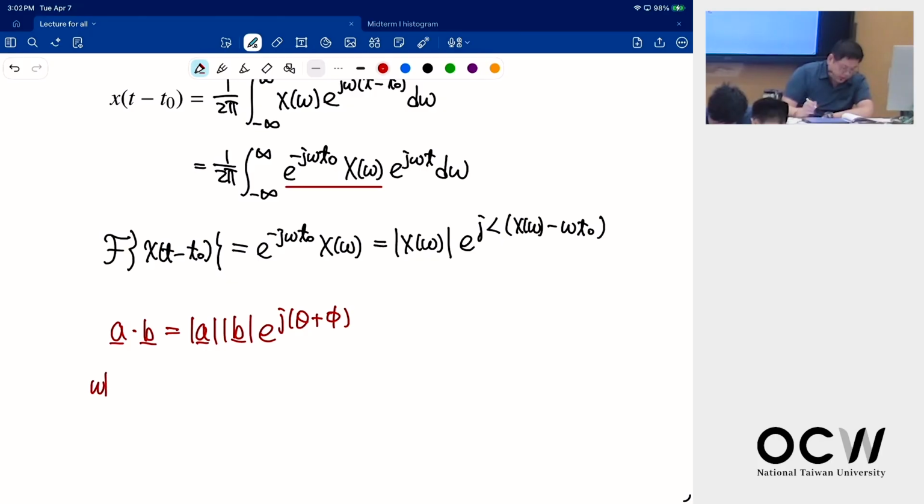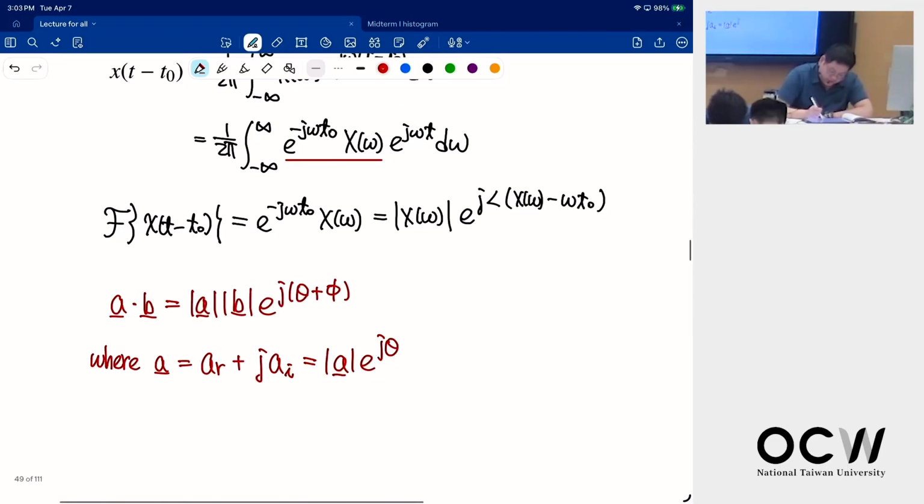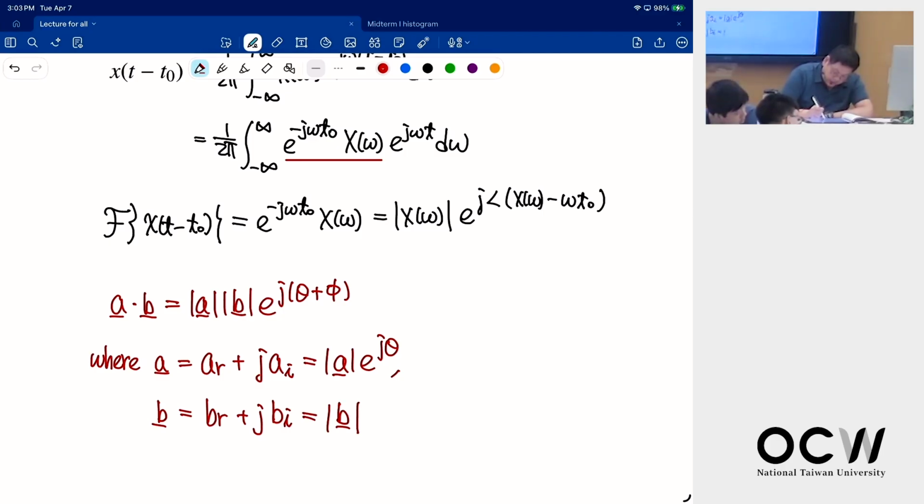So the vector A is the real part plus the imaginary part. That is also equal to the magnitude of A times e to the j theta. And then the vector B is the real part plus the imaginary part. So that's the magnitude of B times e to the j phi, where the phase is phi.